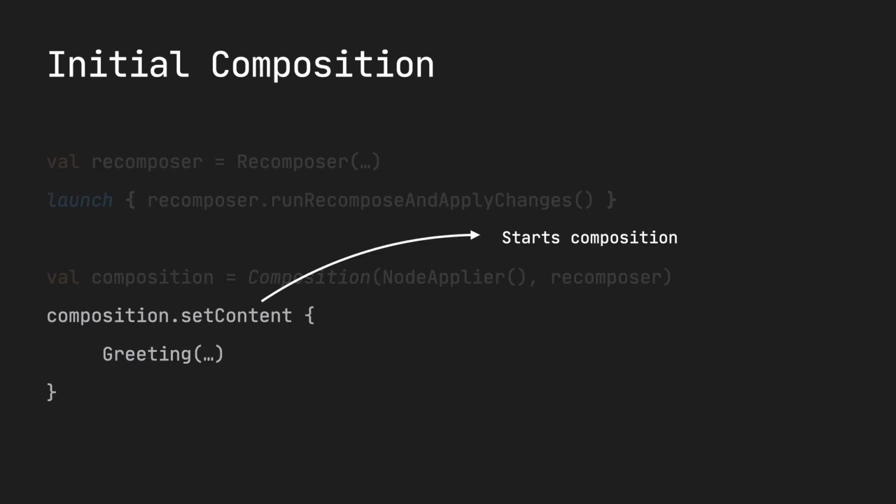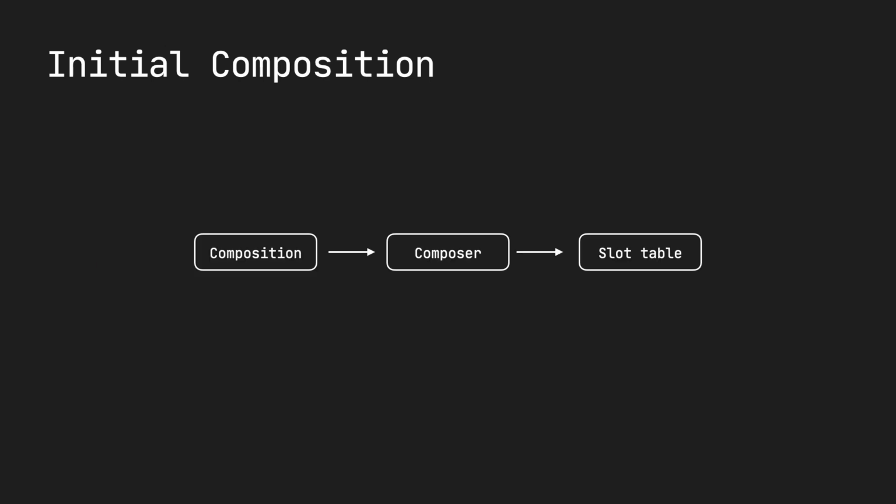The set content method starts off the initial composition process. And when you look at the set content method, that lambda in there is also marked as composable. So the first thing that will happen during the initial composition is that the orchestrator, the composition component, is going to tell the composer, hey, I need you now to start to create the groups and create the root group.